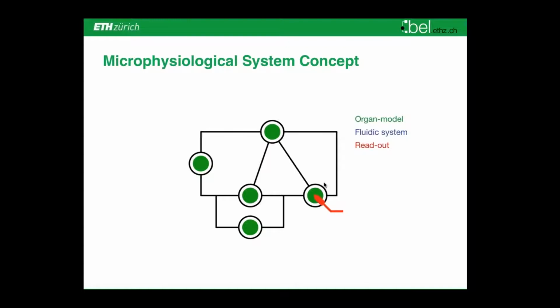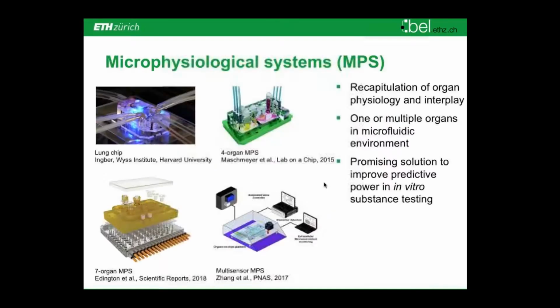The readouts can be sensors, or just collection of supernatant. Ideally, you have something integrated that is label-free. This would be the ideal, that you can read out distinct parameters of each individual organ model, and have parameters for each and every organ model you have in there.